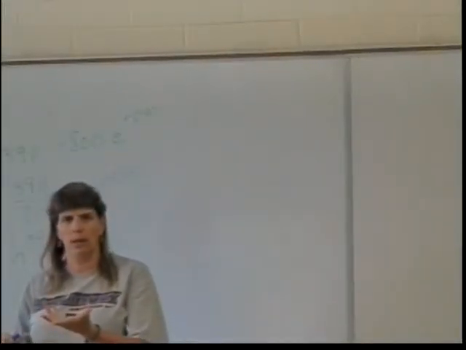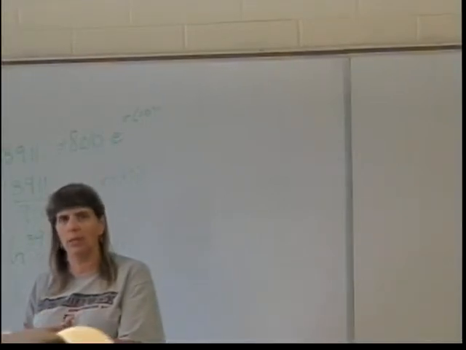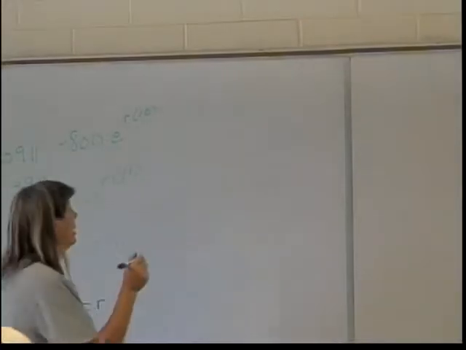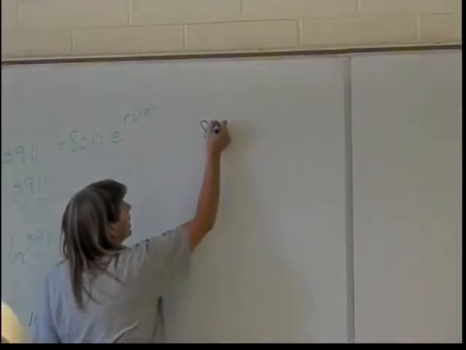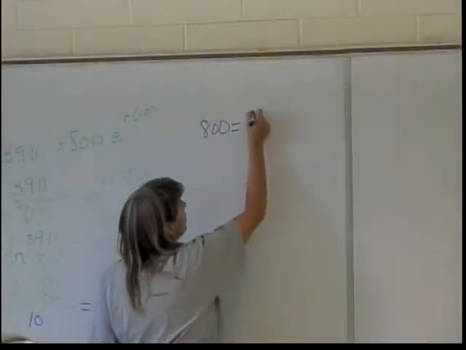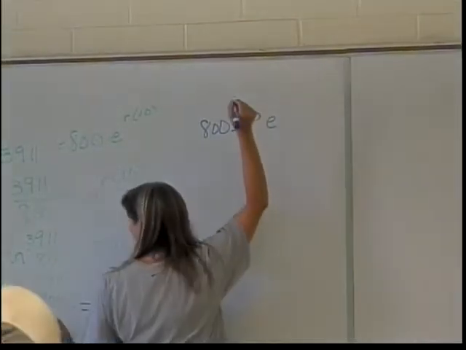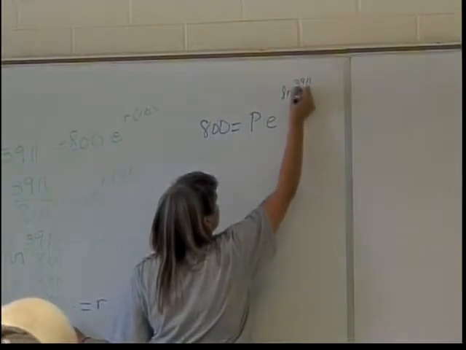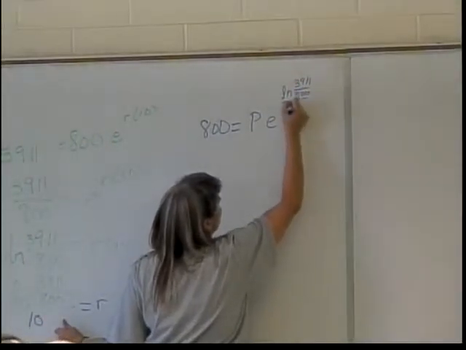So now we want to find the initial size of the culture. Well, this time we can't pretend we started with 800. We actually have to figure out where we really did start. So we can use that after 15 minutes we had 800 bacteria. Our R we know is the natural log of 3,911 divided by 800 over 10.